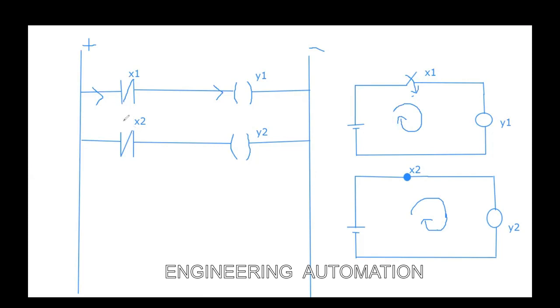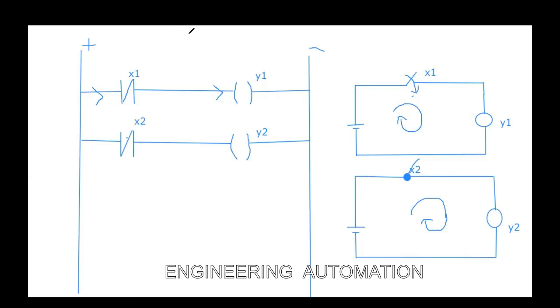When you want to break a circuit, you will be disturbing the switch, in the sense that you will be turning it on. That means you will be opening the switch, so the switch goes over here, right? So Y2 will be off. The same thing, Y2 will be off here. So this is how the ladder logic works.